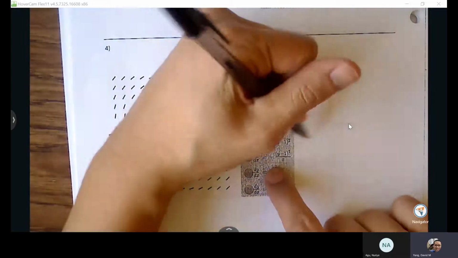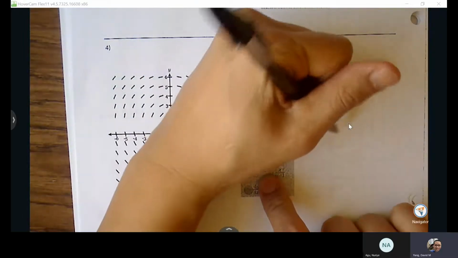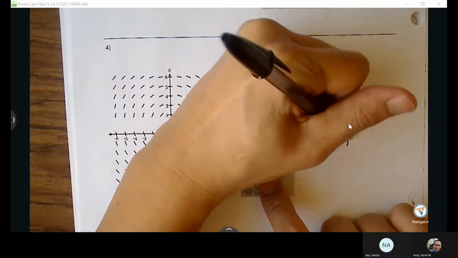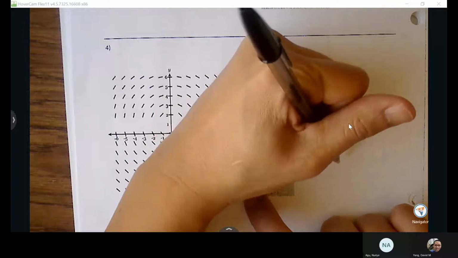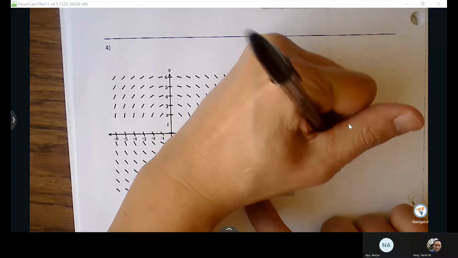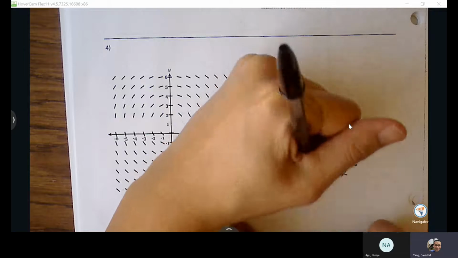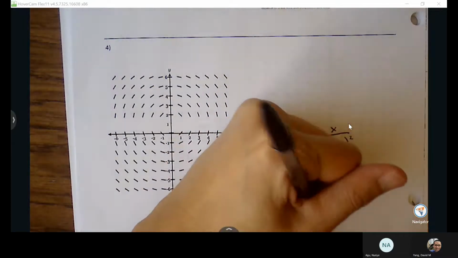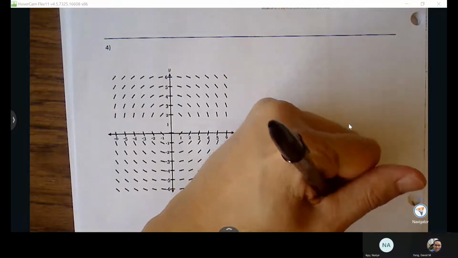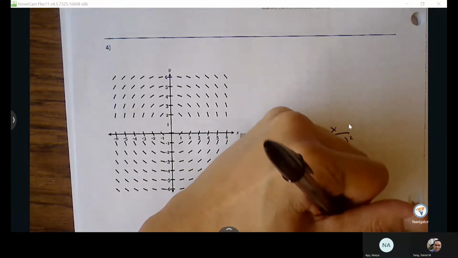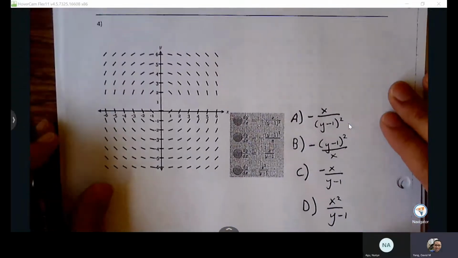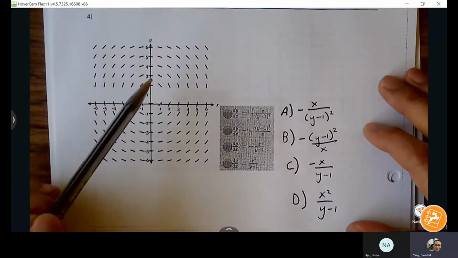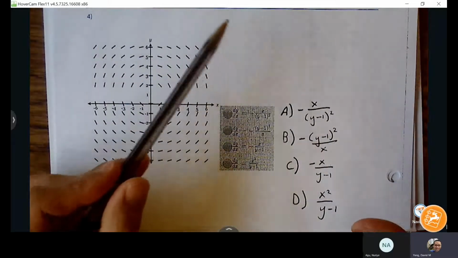It's tough to see these options here, so I'll write them again. Okay, so the things that we like to look for are, where do we see a collection of slope undefined?